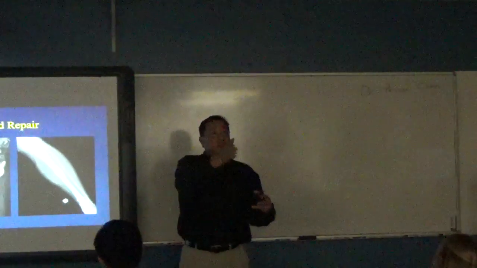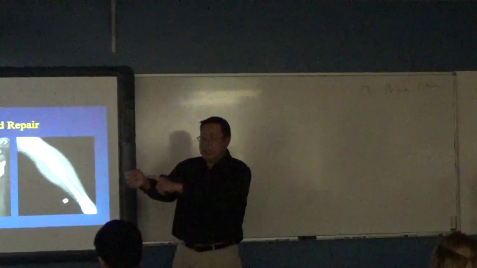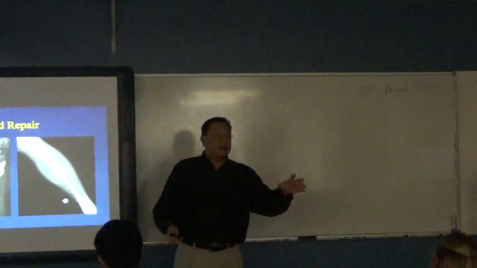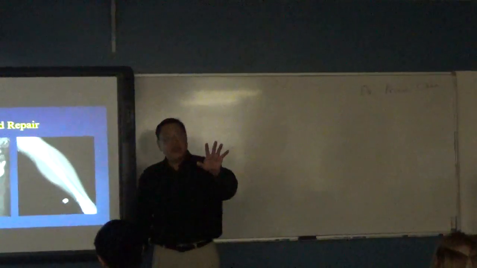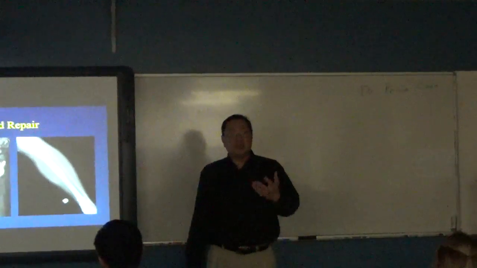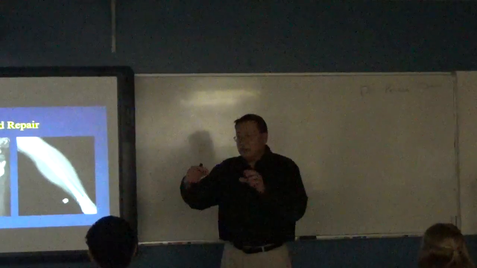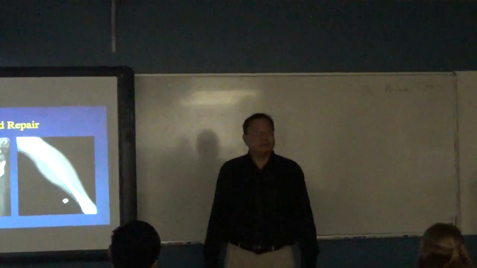Then if that doesn't work, the next option is you make a big cut right here and put plates and screws. So treatment of fracture: closed reduction, percutaneous pinning, and open reduction internal fixation. Open reduction means that you actually make a cut in the skin and literally put the bones together.